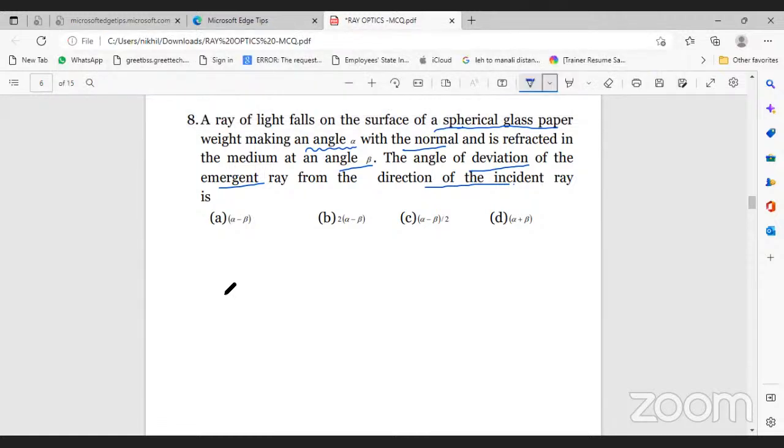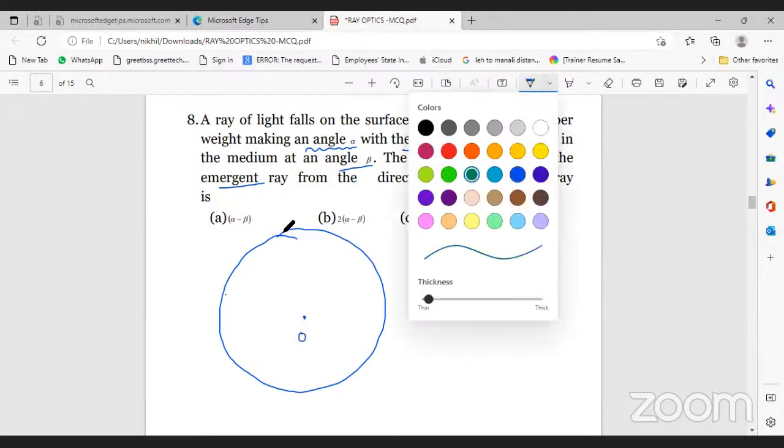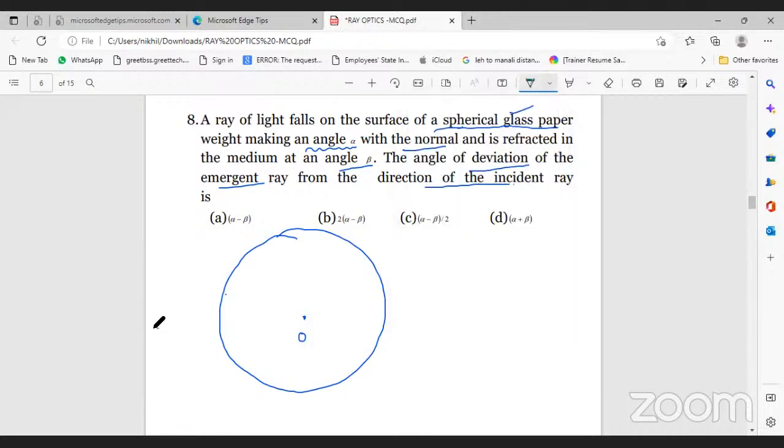Now I have to consider one spherical glass paper, right? So let me say this is a spherical glass paper. This is the center I'm going to take. Now there is a ray of light incident. From the center O, I'm going to write one normal.